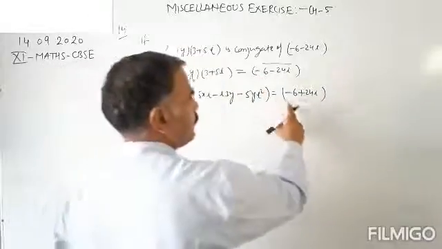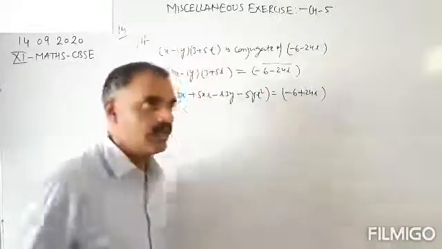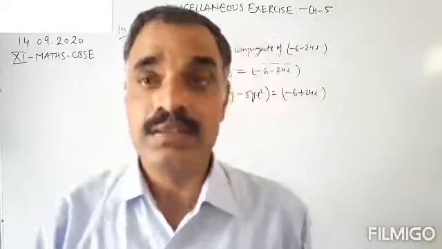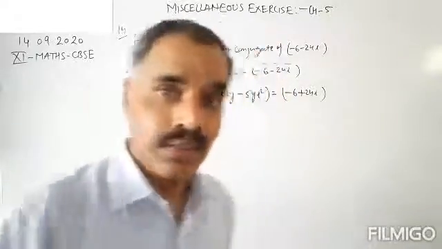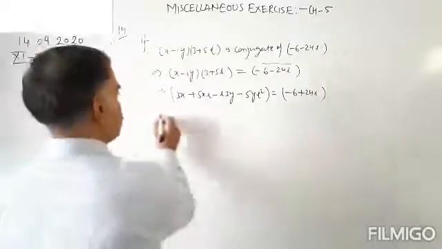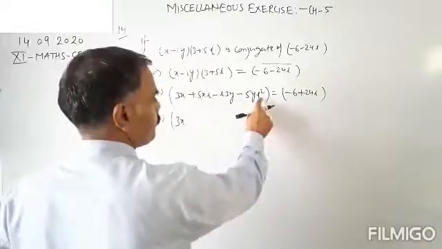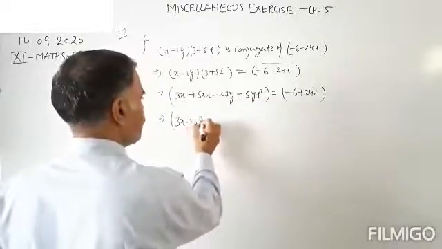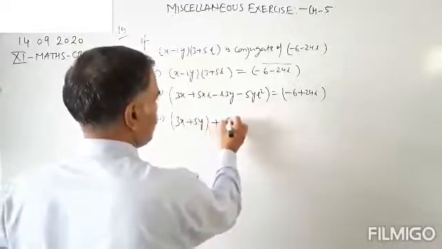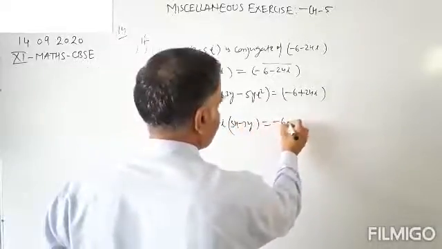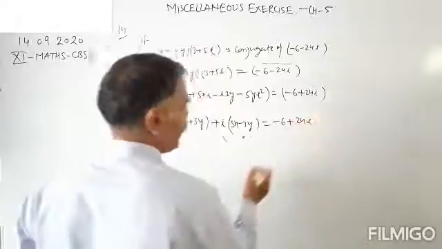The conjugate of this is minus 6 plus 24 iota. The conjugate of a complex number is obtained by replacing iota with minus iota. So this is 3x, and iota square equals minus 1, so that is plus 5y. Taking iota common, plus (5x minus 3y) iota is equal to minus 6 plus 24 iota.